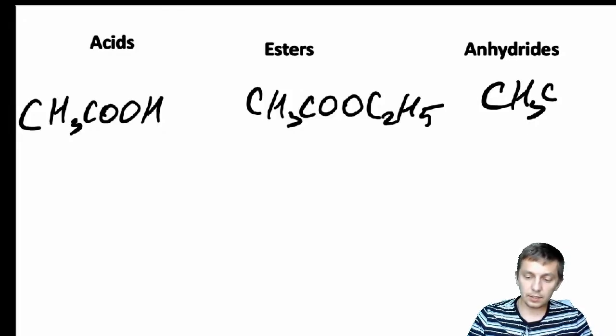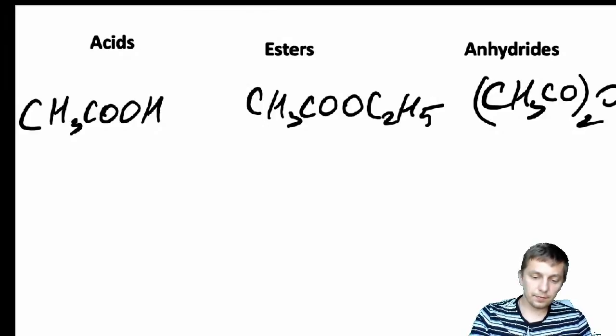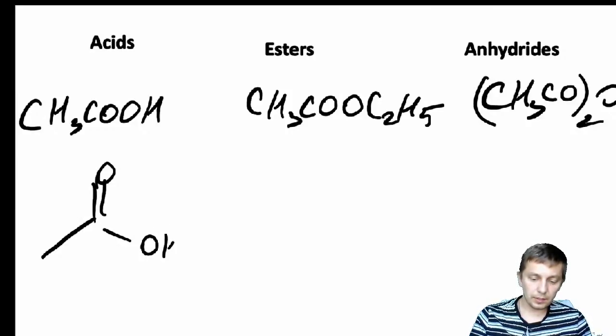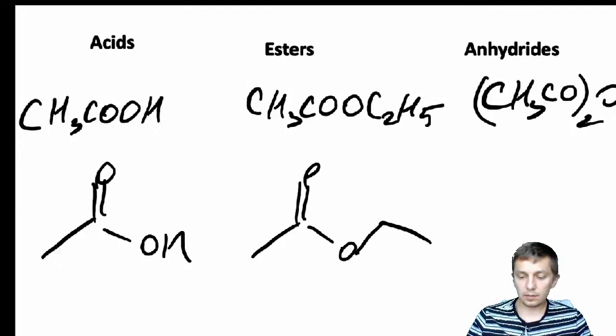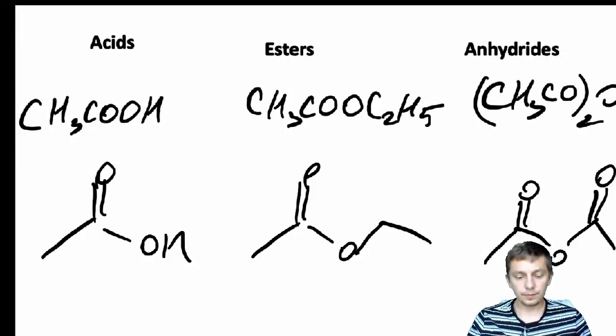CH3CO twice O. If we draw the structural formula in detail, it will be like this.